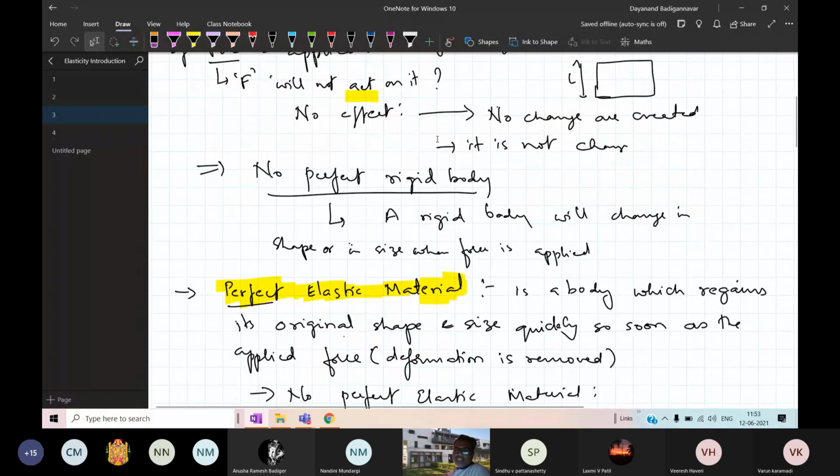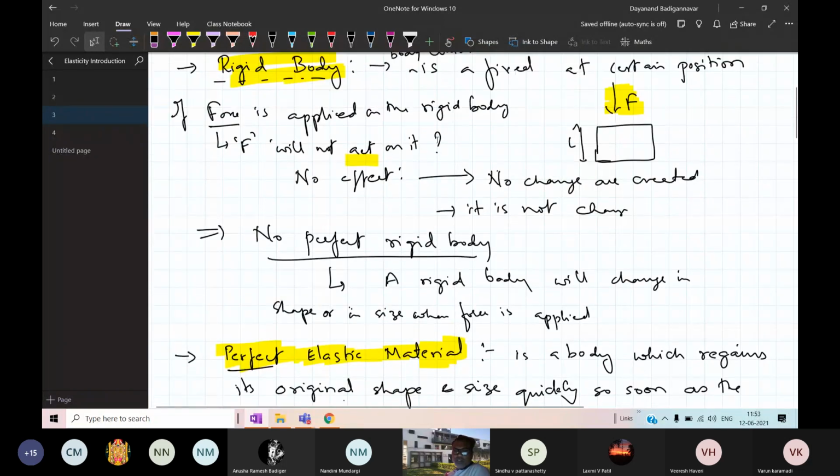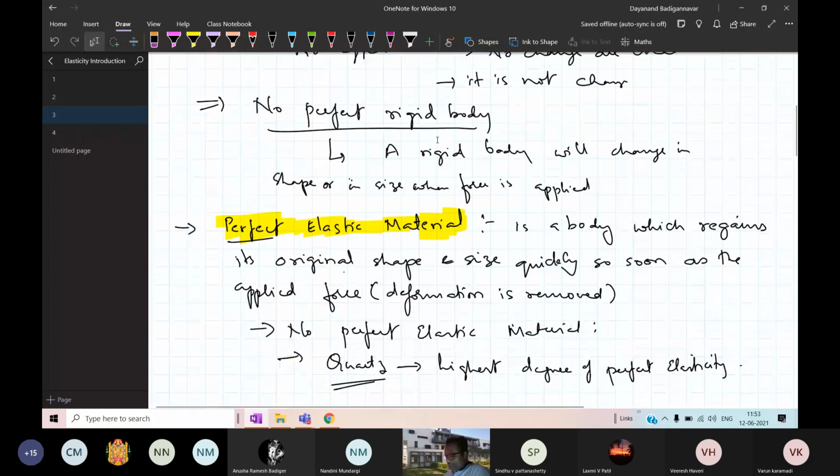Here there is no perfect elastic material; we cannot find a perfect elastic material. So all bodies do not come back to their original shape. Some bodies retain their deformed shape. Those types of materials we call plastic materials.